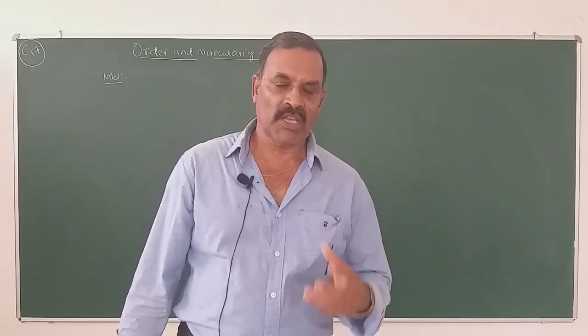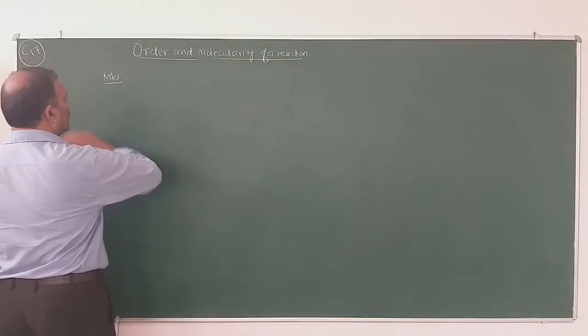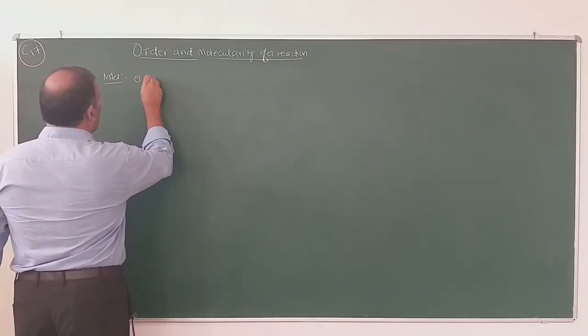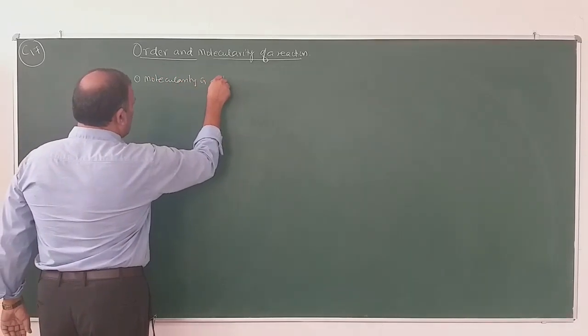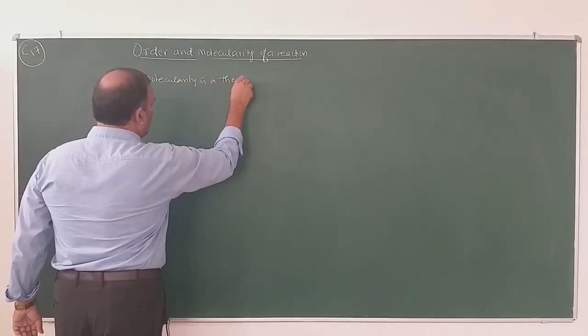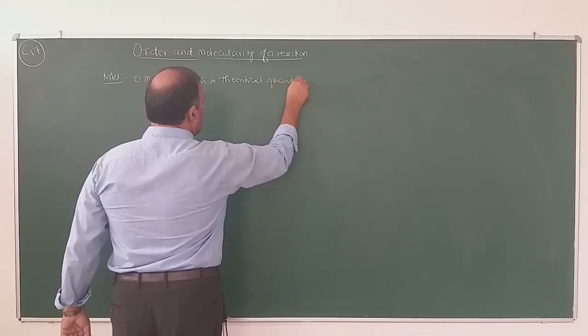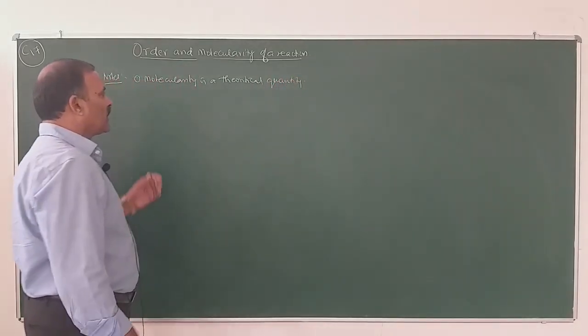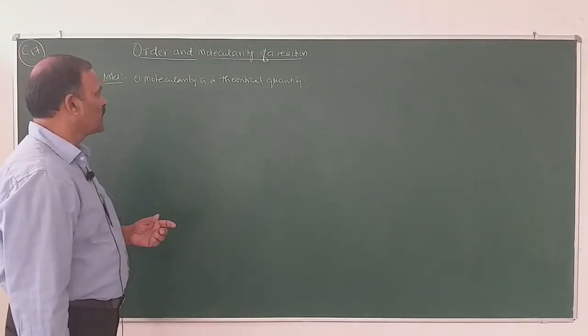Coming to the important notes regarding molecularity of reaction. Number 1, molecularity is a theoretical quantity. That means by observing the reaction, we can count the number of reacting species.